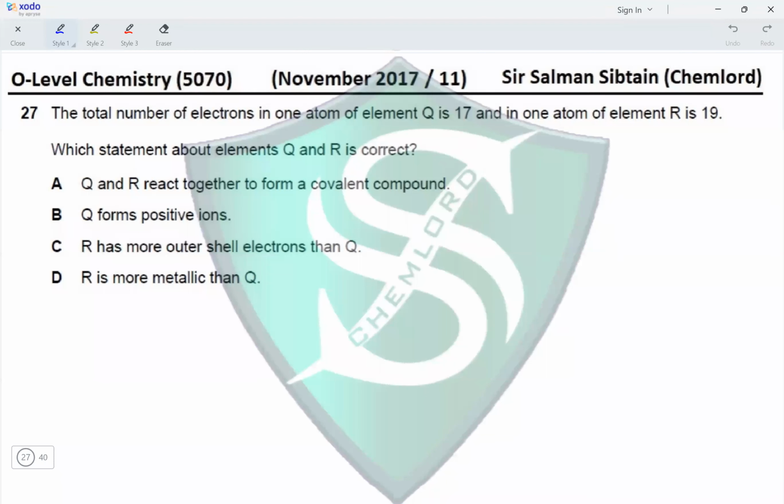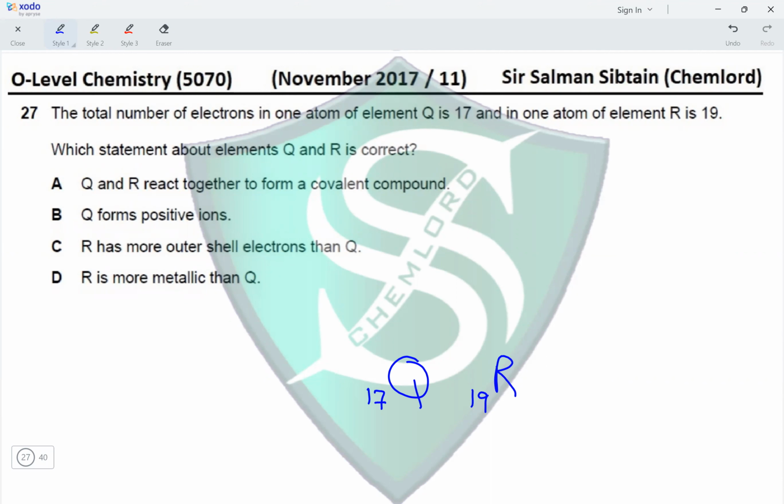Question 27. The total number of electrons in one atom of element Q is 17 and in one atom of element R is 19. Which statement about Q and R is correct? So the proton number of Q is 17 and the proton number of R is 19. Q and R react together to form a covalent compound?